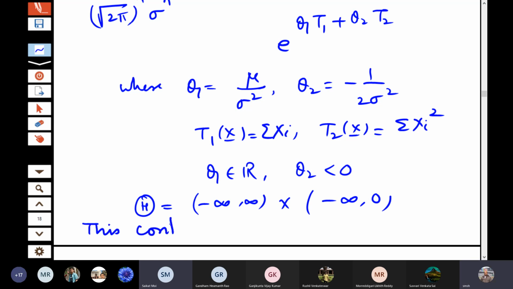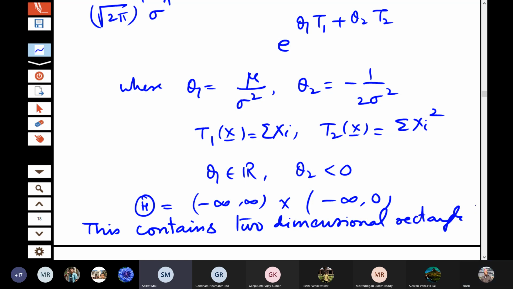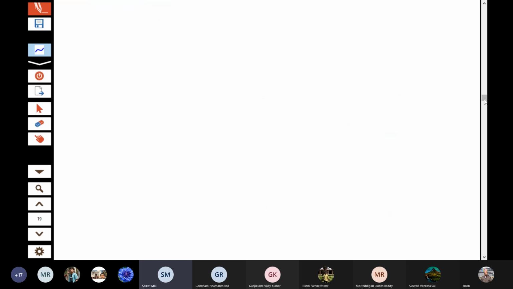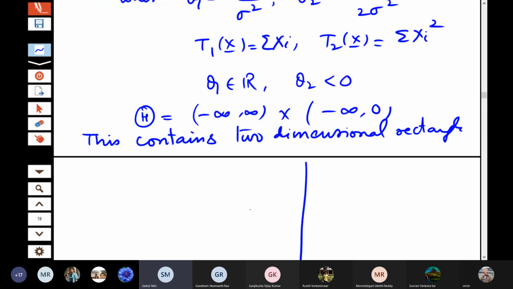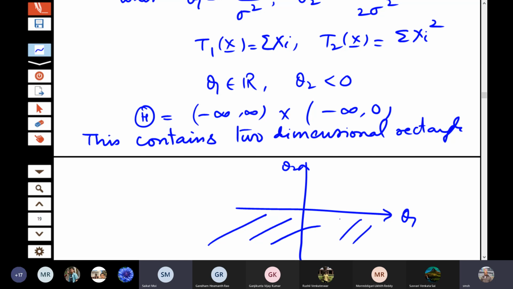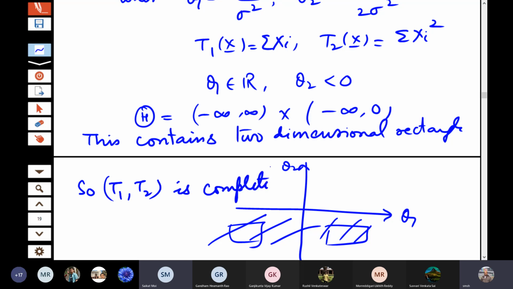This contains two-dimensional rectangles, because it is a two-dimensional problem. If I consider this as theta 1 and this as theta 2, then theta 1 is minus infinity to infinity and theta 2 is negative. So it is this part. So definitely it contains two-dimensional rectangles. So T1, T2 is complete. And of course, by factorization theorem, it is sufficient also.